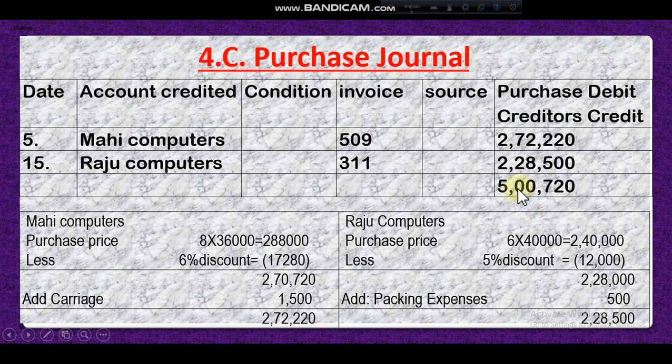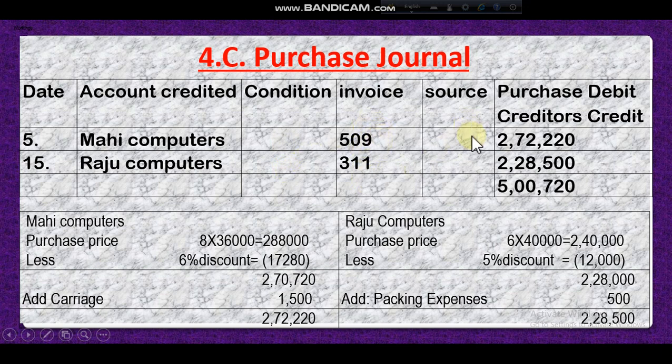Dear student, I would like to show the math again. Date. At first you have to write the date of purchase, then account credited. That means from whom I purchase the goods, I write the name of that organization. Then condition, if it is mentioned in the math, we will write the condition. Invoice number, if it is given, I will write.